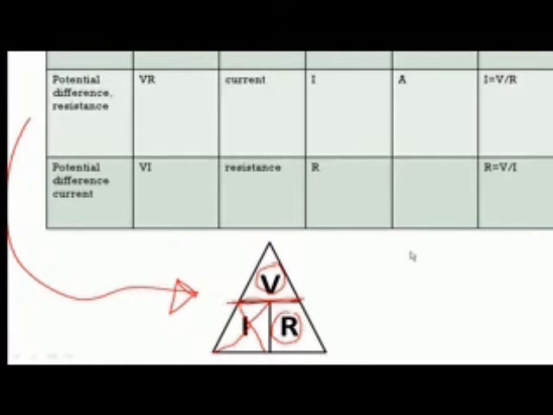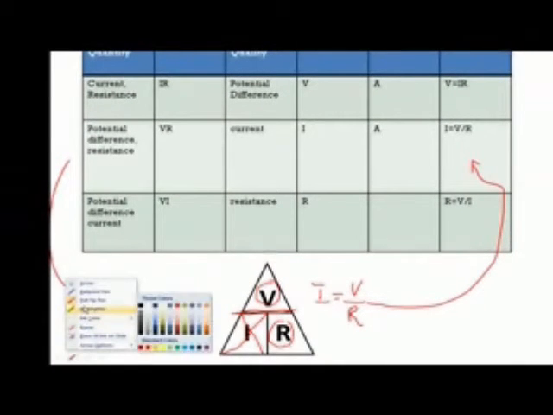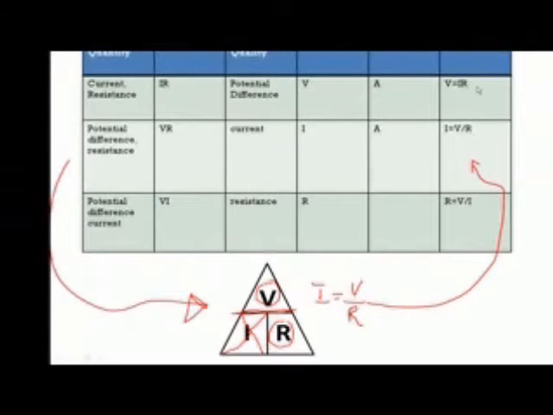So to find the value for current, all we have to do is divide V by R. Current equals potential difference divided by resistance, and that's what we have right here. This chart is very simple, and it doesn't require you to memorize all these different equations. This simple tool can help you a lot.